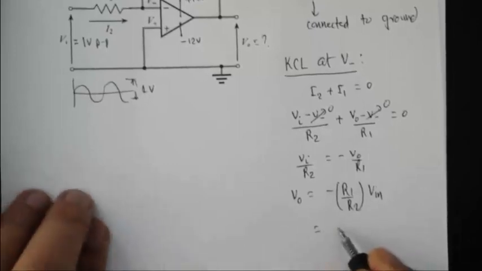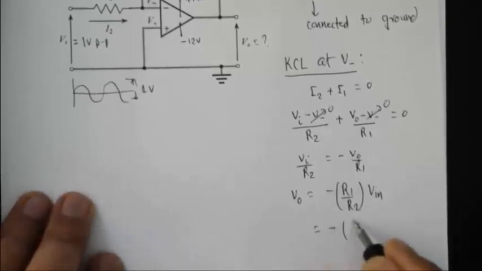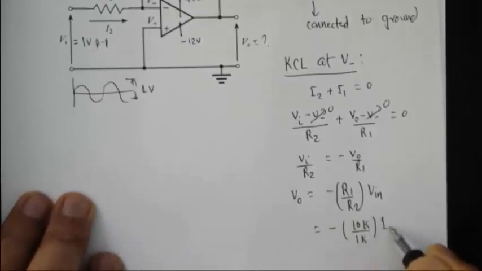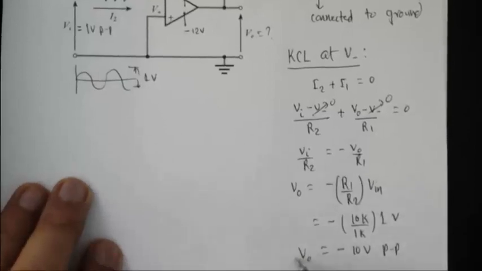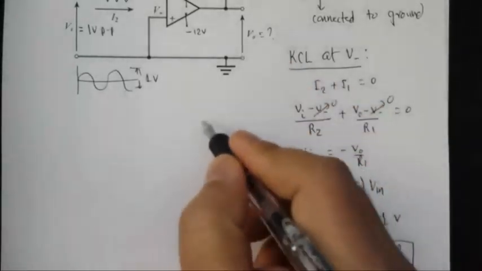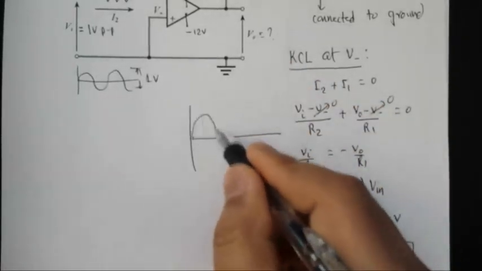Since we know the values, R1 is 10 kilo ohms and R2 is 1 kilo ohm, both in kilo ohms, times V input of 1 volt peak to peak, so it's going to be negative 10 volts peak to peak. That's going to be the answer. Your output will look something like that.